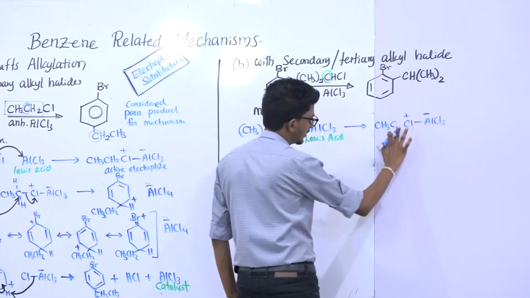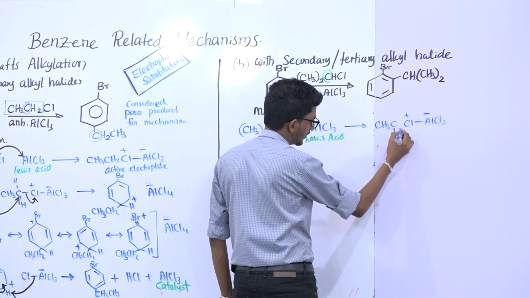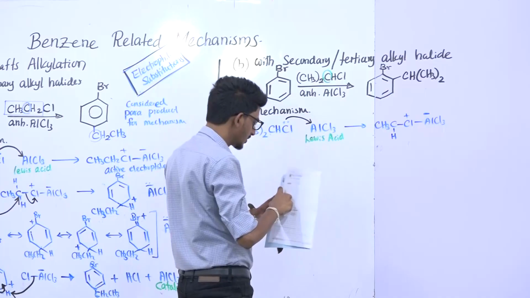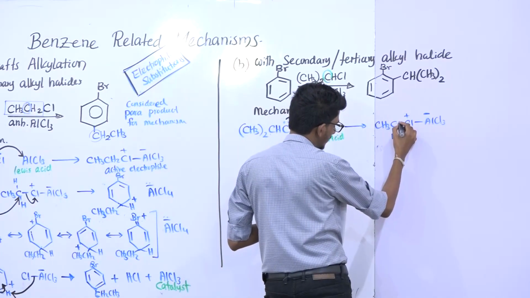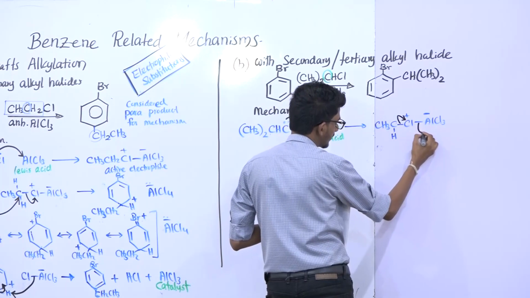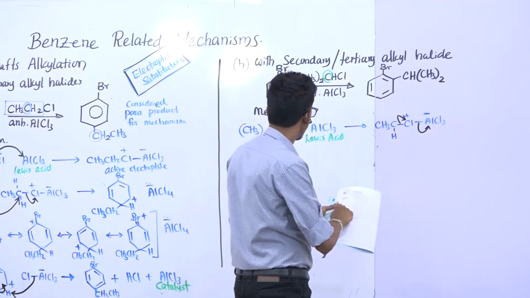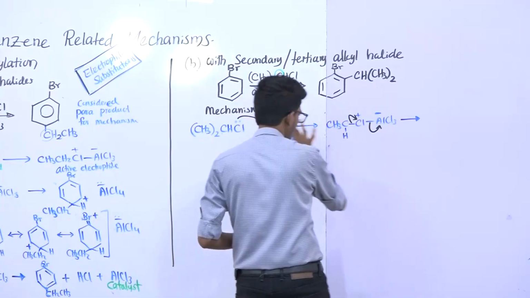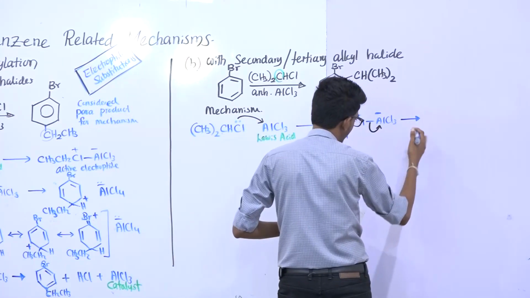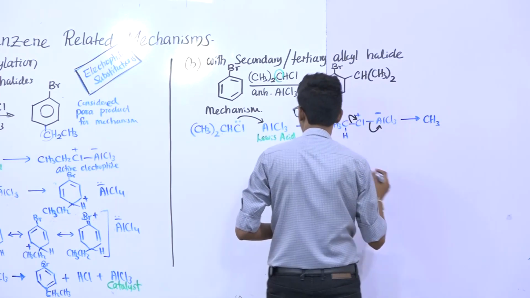So you have a hydrogen here, and that carbocation formation also happens at this stage. This will come to here and this will leave. So basically two steps are involved in the first step of the secondary and tertiary halides situation, right?